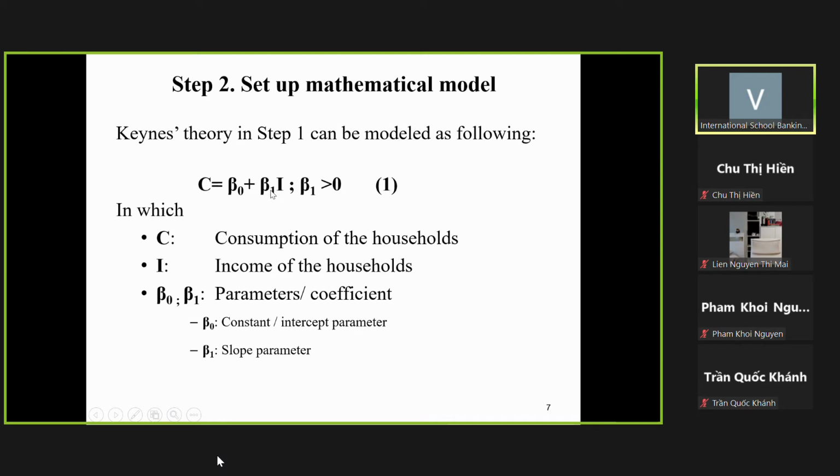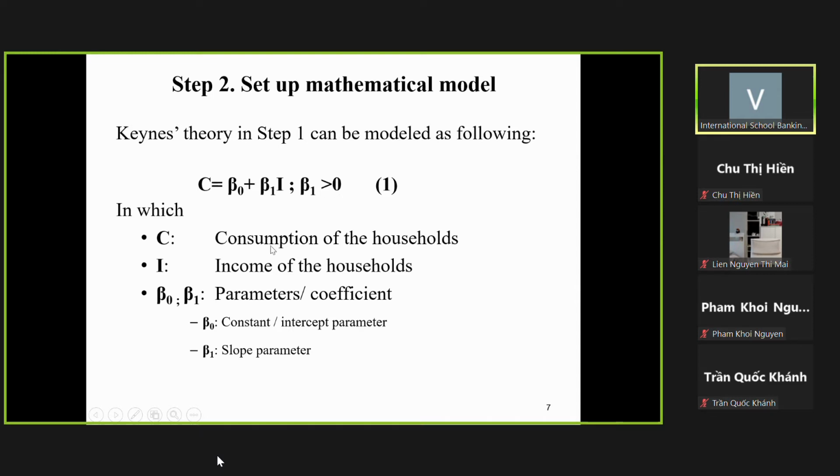And if we expect that income has positive effects on consumption, that means we expect the beta 1 here, the slope coefficient, must be greater than 0 or positive.